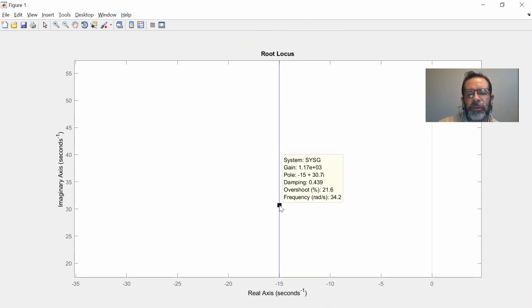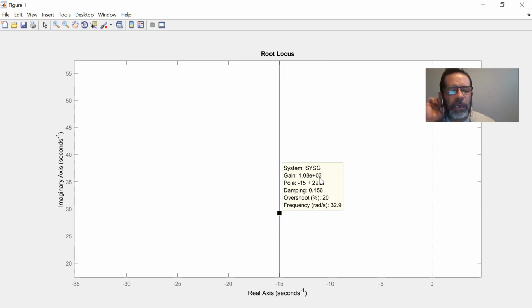Oh, now I've gone to 21.6. So the limit here for the 20% overshoot is 1.08 to the 3, that's 1080 approximately.